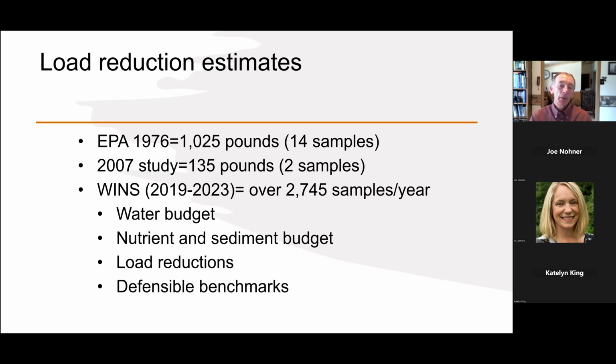We were able to come up with accurate load reductions, as well as defensible benchmarks that the WACF now has, so that for future studies they have a standard operating procedure to see how well they're doing in terms of their adaptive management.